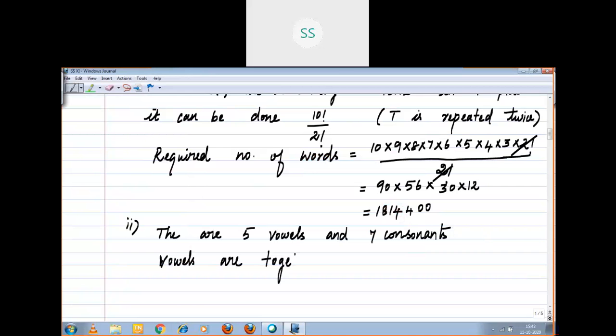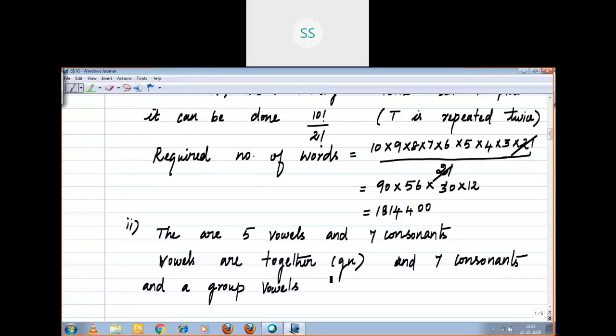Vowels are together. That is given. So the 5 vowels together with the 7 consonants N, N, T, S and so on: you should make the vowels a single unit.